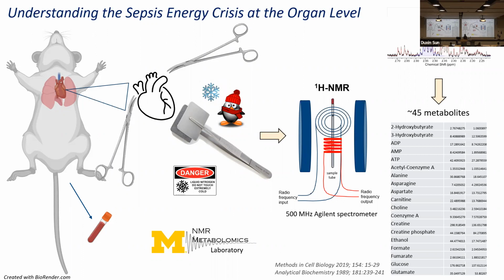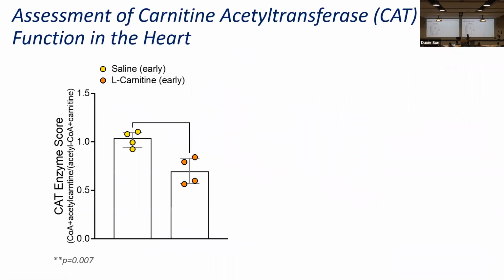We get a nice read of those mitochondrial metabolites and some of the TCA metabolites. And so what we found is that when we looked at the animals that got L-carnitine early, we calculated the carnitine acetyltransferase enzyme score just by looking at the products versus the substrates, that ratio.